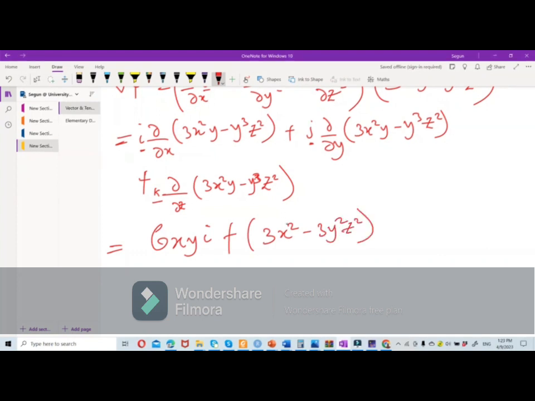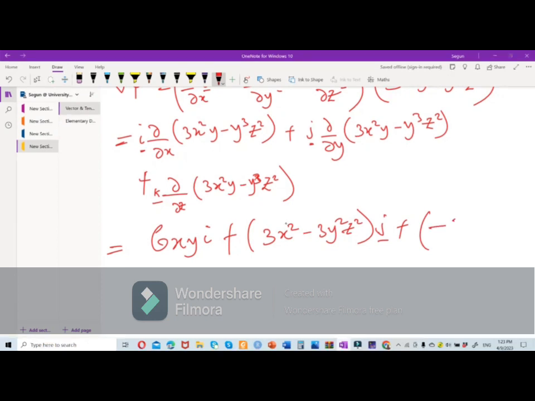That is y, to component j. Then for the z plus, how do we differentiate this one? So what do you have? You have minus 2y cubed z, or with k.